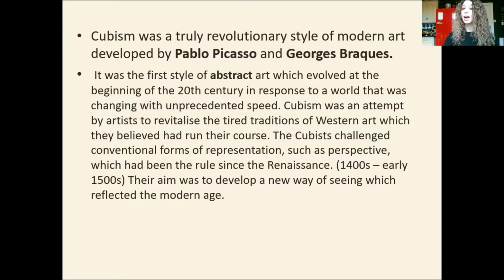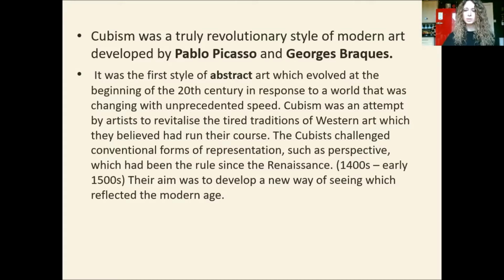The Cubists challenged conventional forms of representation, such as perspective. We'll think about perspective in a bit, which had been the rule since the Renaissance. The Renaissance was a movement in the 1400s to the early 1500s, and it was like a revival of classical forms of art and poetry, which stemmed from the Greek and Roman times, and it was like a celebration of humanity itself.